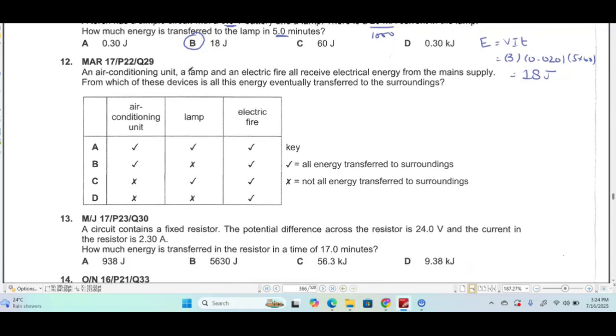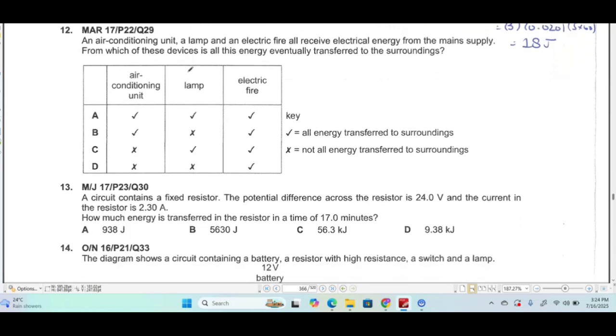Okay, question number 12. An air conditioning unit, a lamp, and an electric fire all receive electrical energy from the main supply. From which of these devices is all this energy eventually transferred to the surrounding? Okay, we know that in case of an air conditioner, the electrical energy received from the mains is eventually transferred to the surrounding.